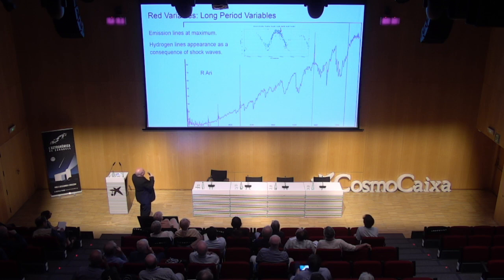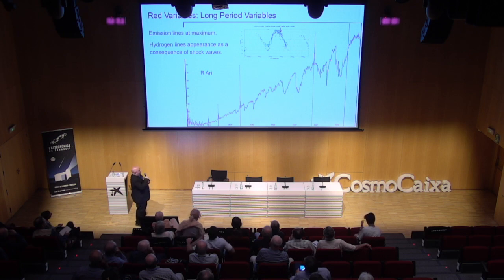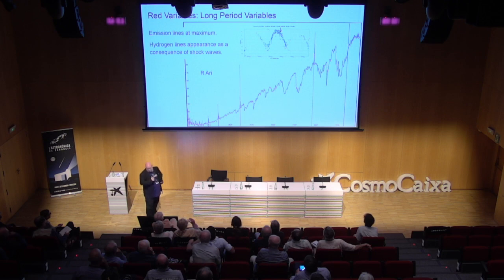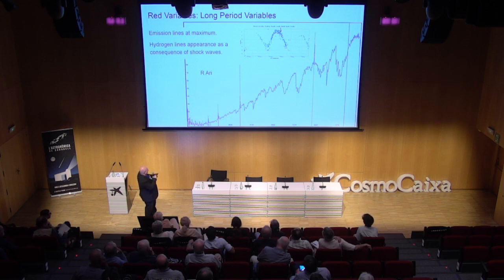This is an interesting phenomenon we can see in long period variables: at maximum light we can detect shock waves which produce emission lines, mainly, as we are seeing here, from hydrogen.